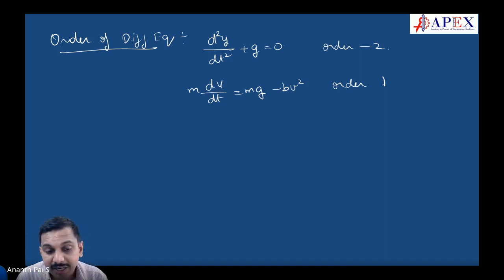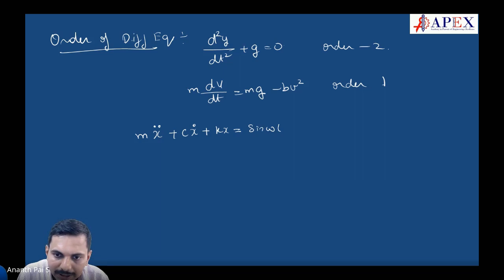If I have, for example, m x double dot, where double dot means double differentiation with respect to time: m x double dot plus c x dot plus kx is equal to sine omega t. This is a vibrations equation which is very common. What is the order of this differential equation?